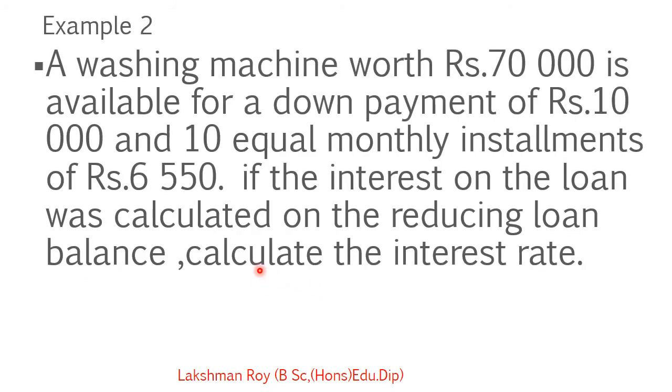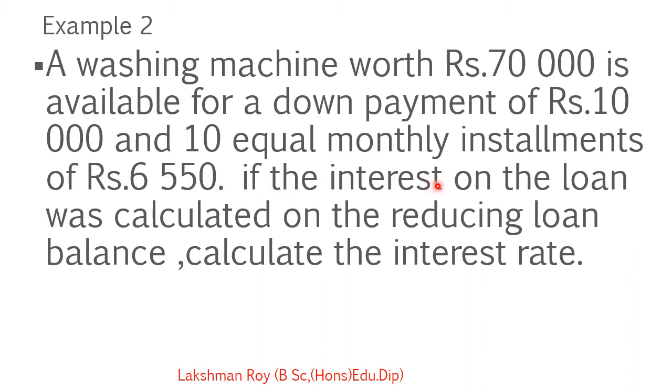Now here is another example so that you can try. A washing machine worth 70,000 rupees is available for a down payment of 10,000 rupees and 10 equal monthly installments of 6,550 rupees.